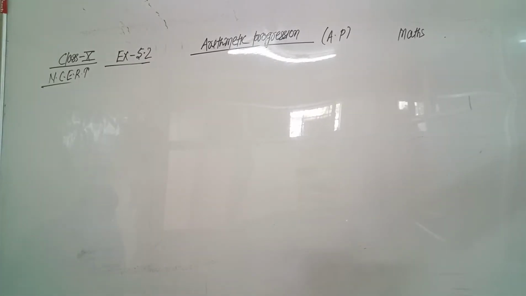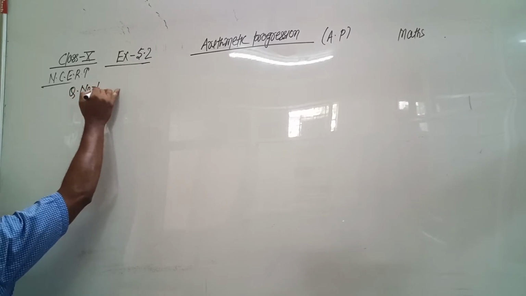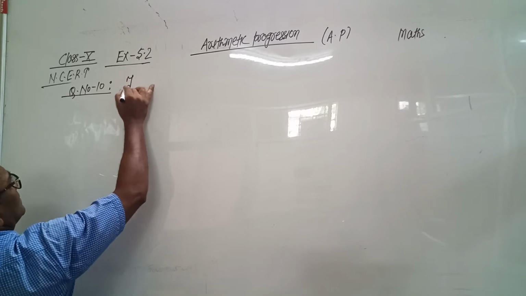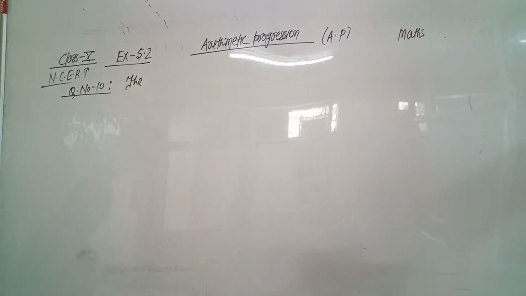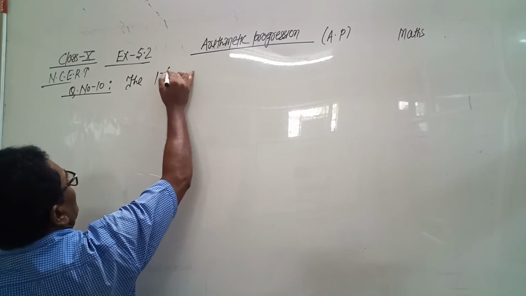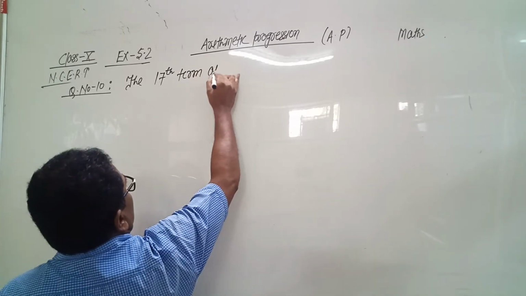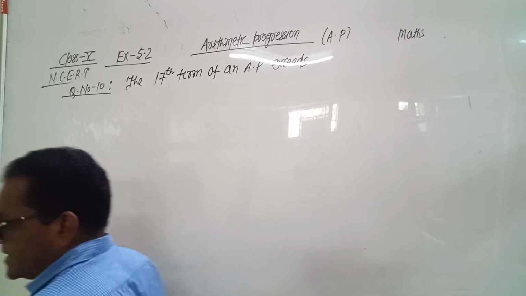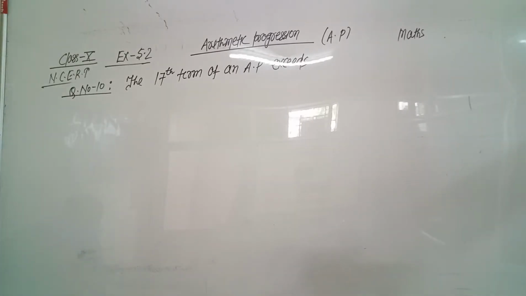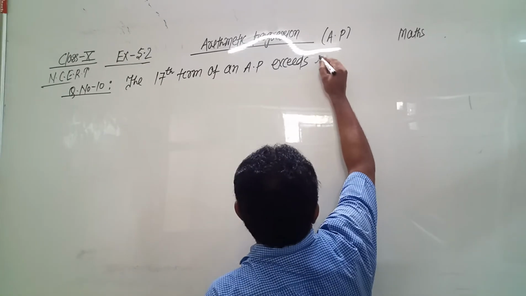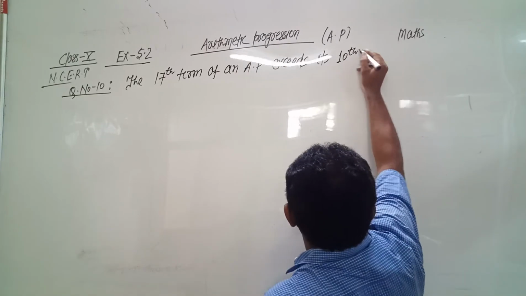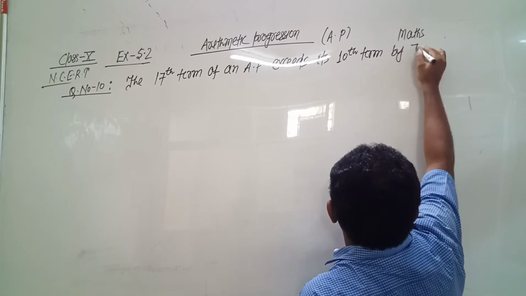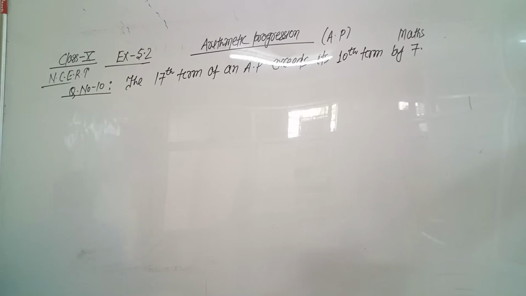Next, question number 10. The 17th term of an AP exceeds its 10th term by 7.